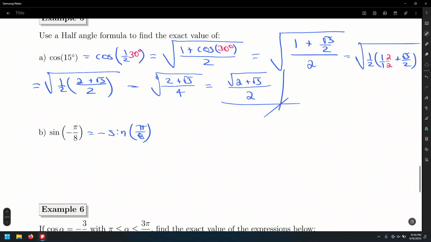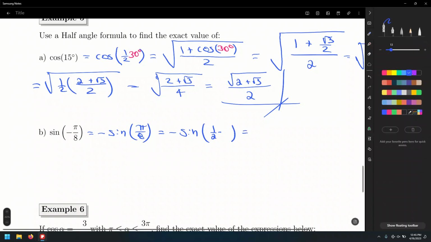So we may now easily use the half angle formula here. So let's see if we can get the angle. That's negative sine of 1/2 times what equals pi over 8? What's the mystery number here? Pi over 4, right? Pi fourths.